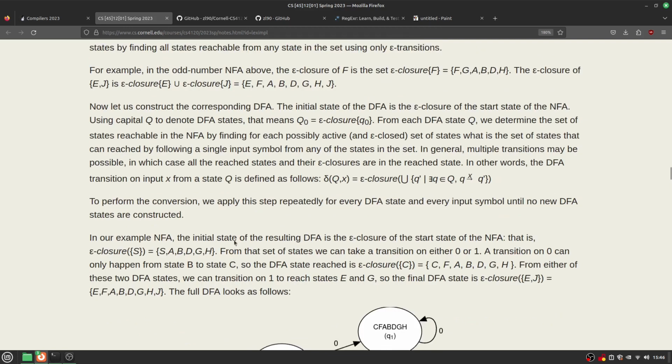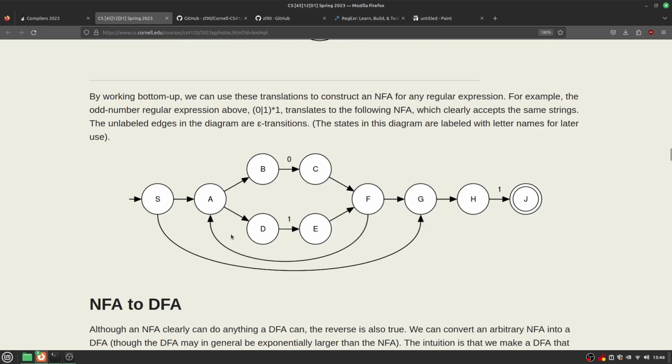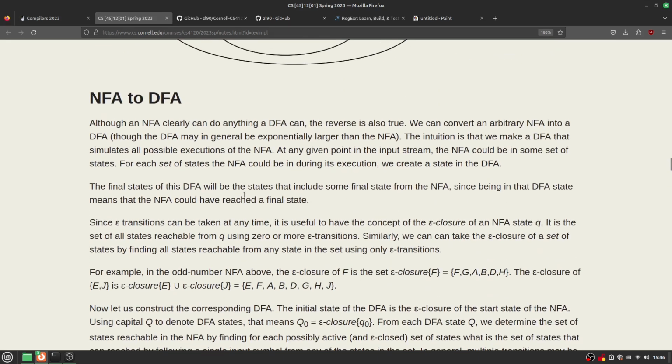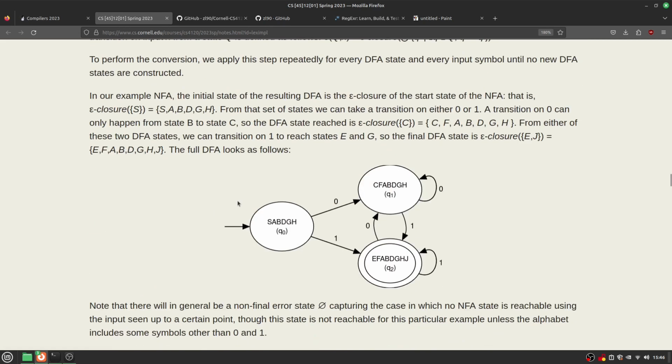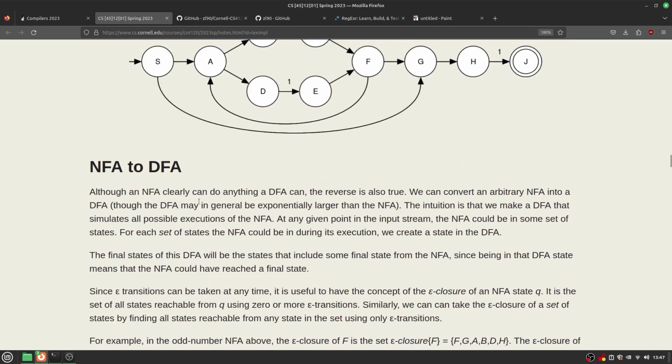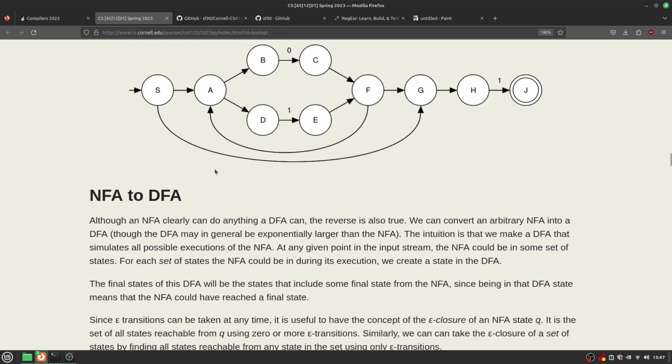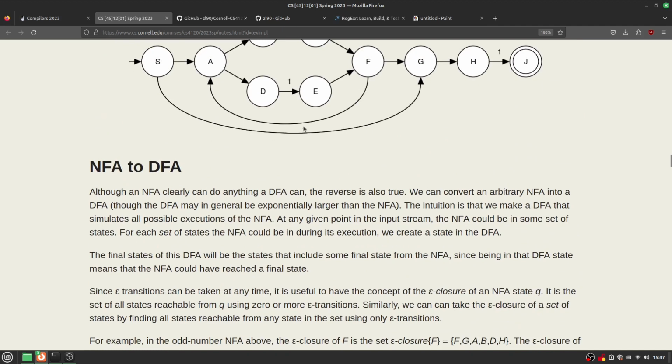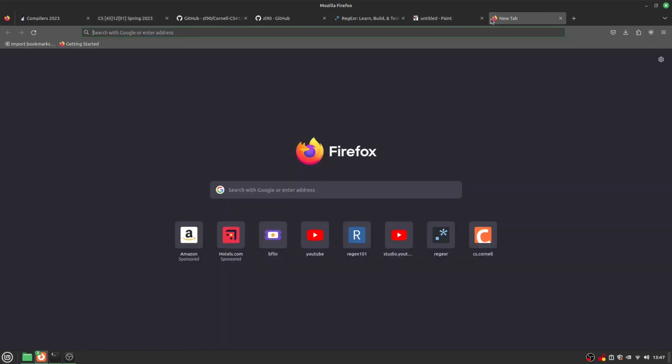Okay, this is a step up. So the first thing I need to flesh out my understanding of is the empty string closure.